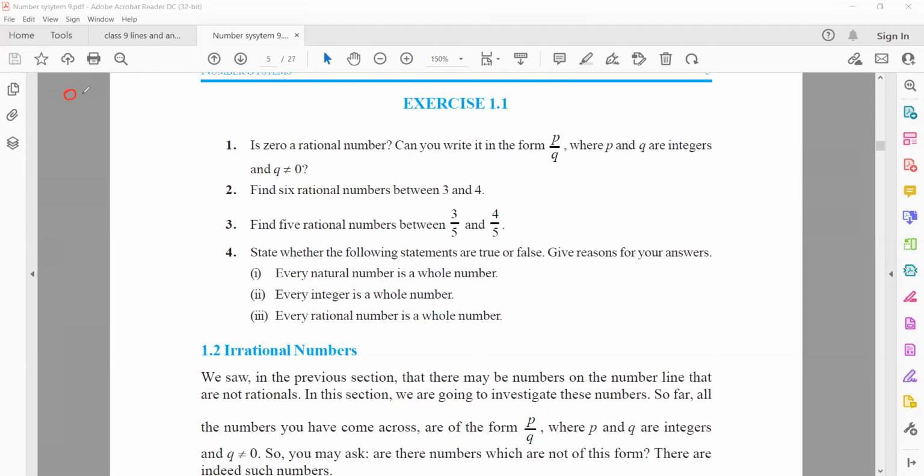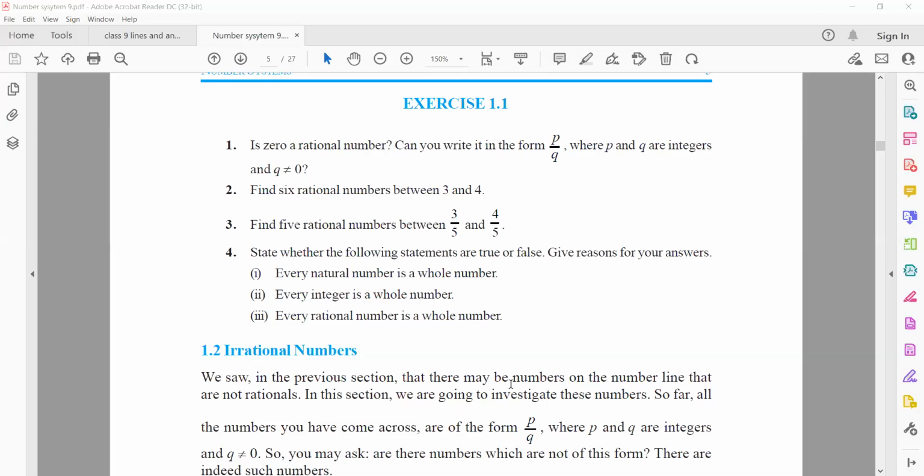Zainab, your screen is not visible. Is it visible now? No. Ma'am, I can see it. Exercise 1.1. Okay, I'll do one thing. Zainab, now is it visible, my OneNote?